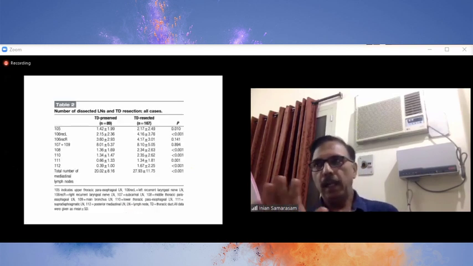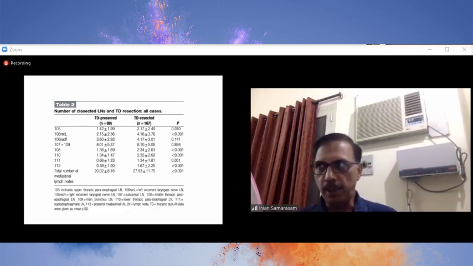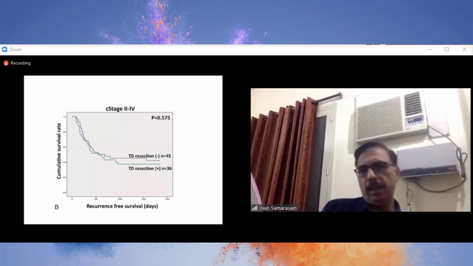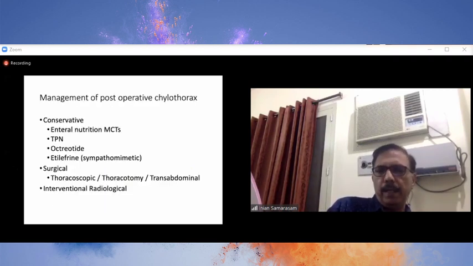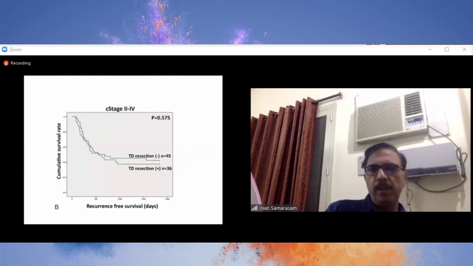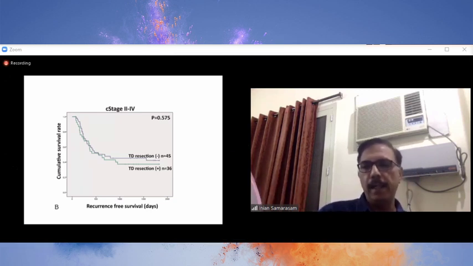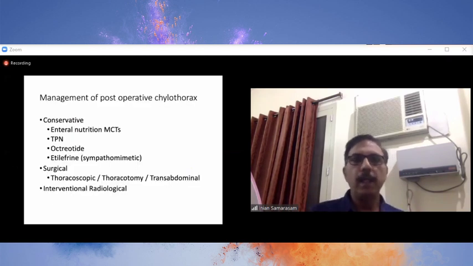So if you excise the thoracic duct, if it is possible, obviously your lymph node count will increase, but does it translate to survival advantage? Doesn't look like it. So as I told you, in our practice, we try to remove it if possible, but we're also mindful of the fact that this may not actually translate into a major survival advantage, as we know from the literature.